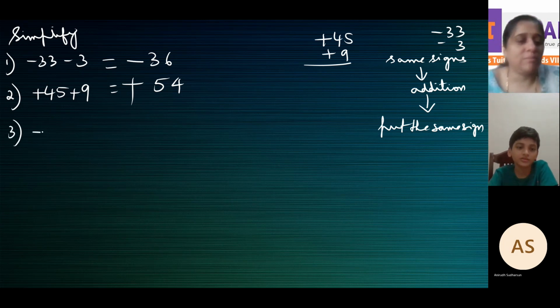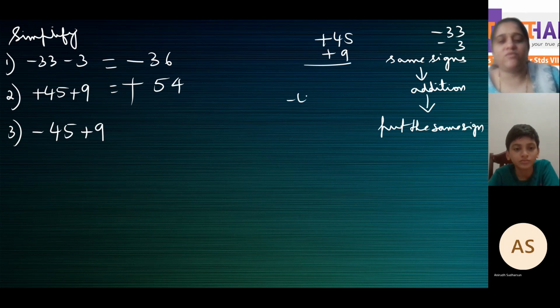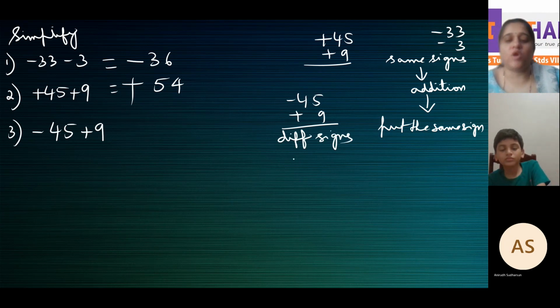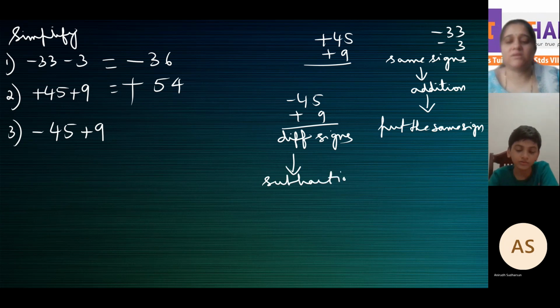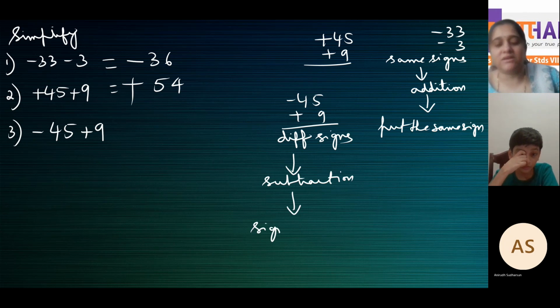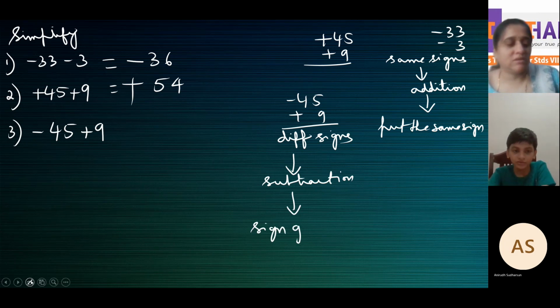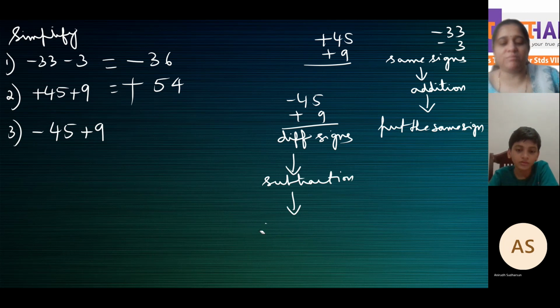Now supposing you have minus 45 plus 9. Different signs. What is the operation? Subtraction. You must subtract, and put the sign of the greater number.